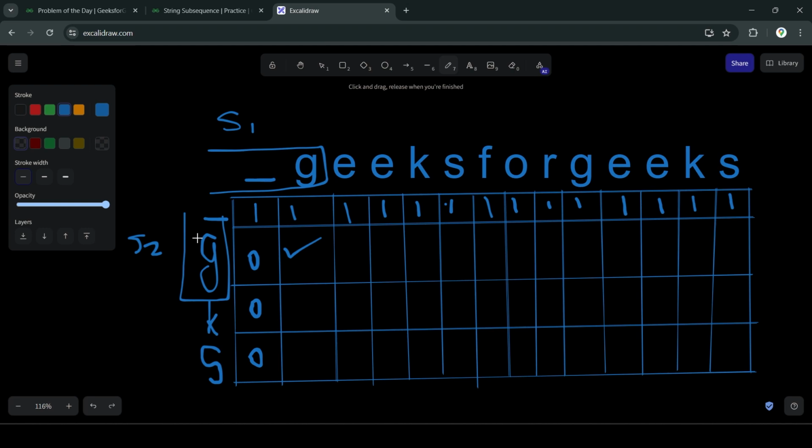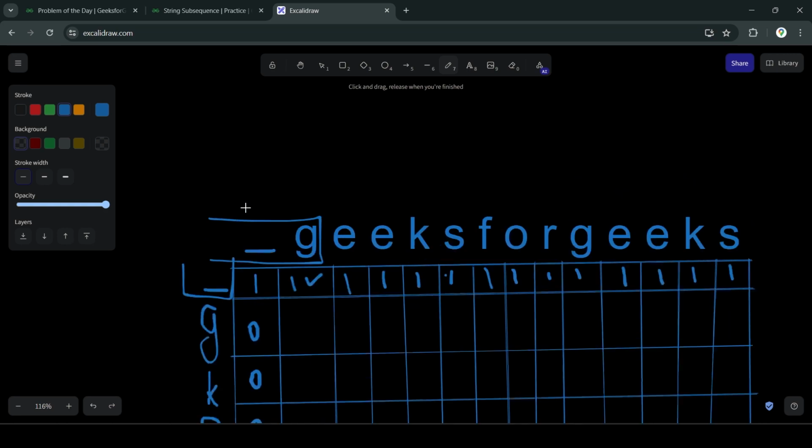And this dash means the null set, the null entity.